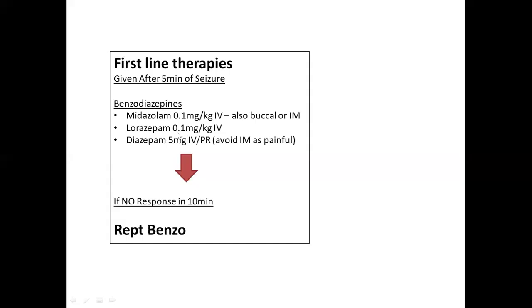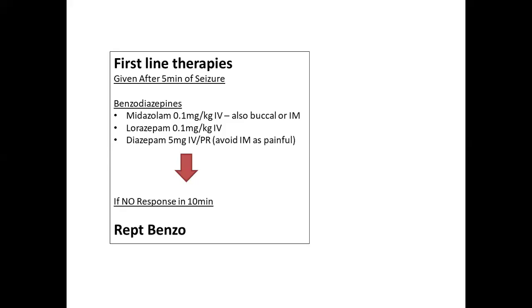An additional point here: you should give benzo immediately following seizures, because if we delay, the effectiveness of benzodiazepines is reduced, right? Then and there, immediately you should give benzo. First benzo, wait for 10 minutes. If the patient has no response, repeat benzo.